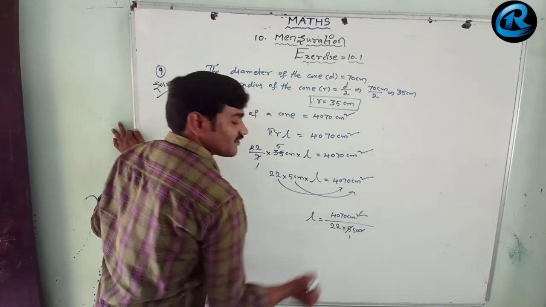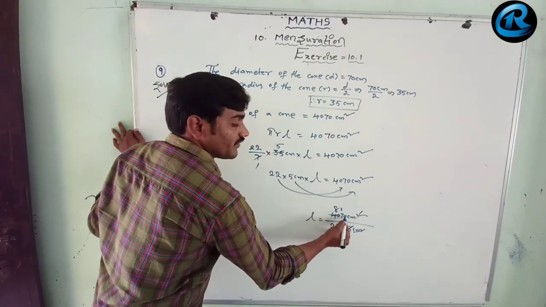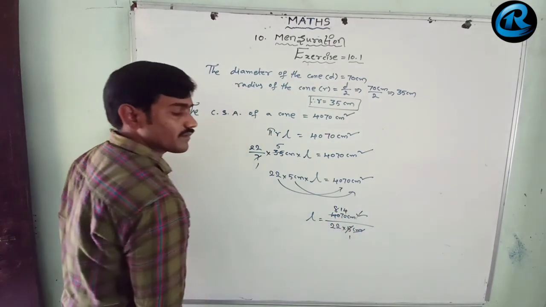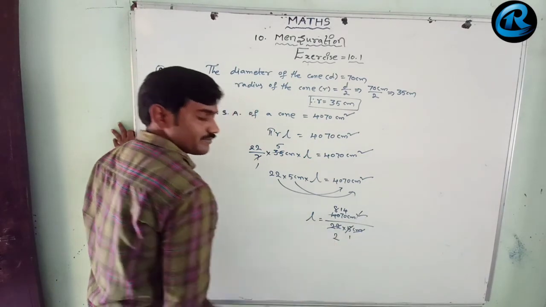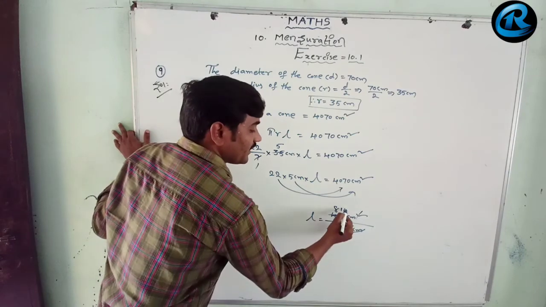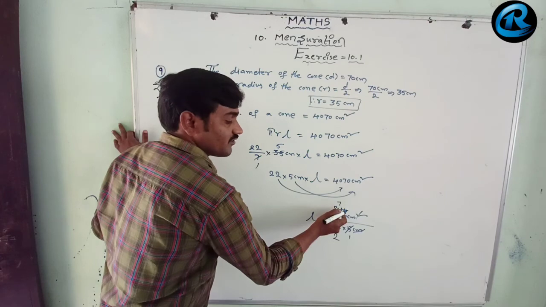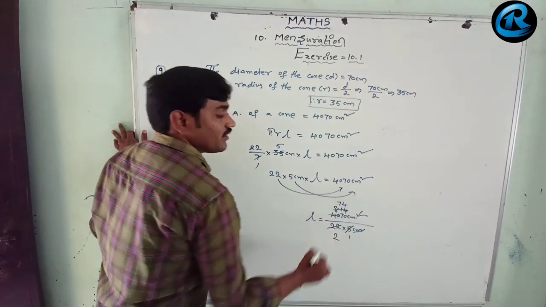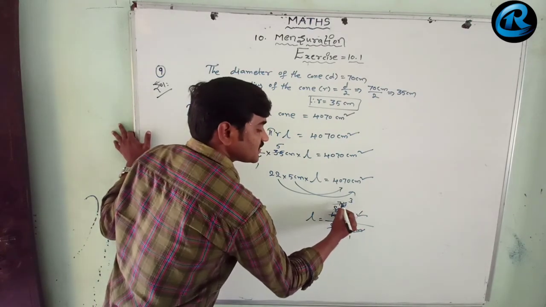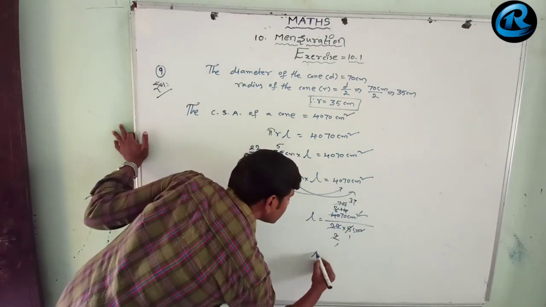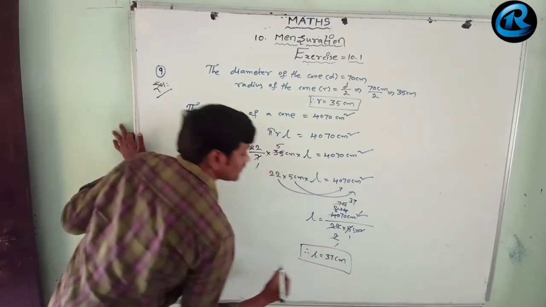Now in the 5 table, 5 ones are 5, 5 8s are 40, 5 ones are 5, 2 left, 5 4s are 20. In the 11 table, 11 2s are 22, 11 7s are 77, 4 left, that becomes 44. 11 4s are 44. 2 3s are 6, 1 left, 2 7s are 14. So l equal to 37 centimeters. Now at last we got l equal to 37 centimeters.